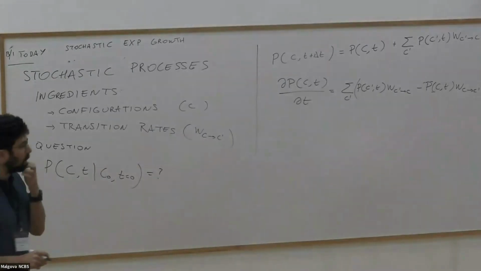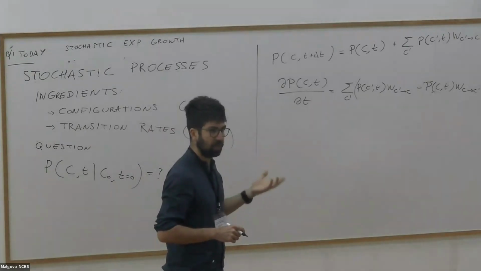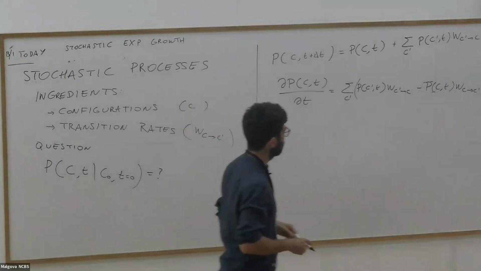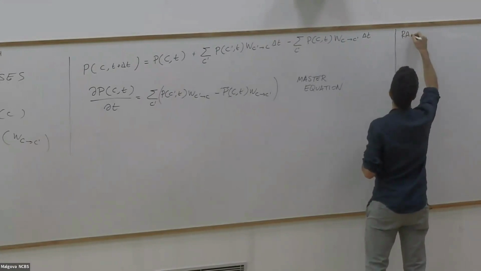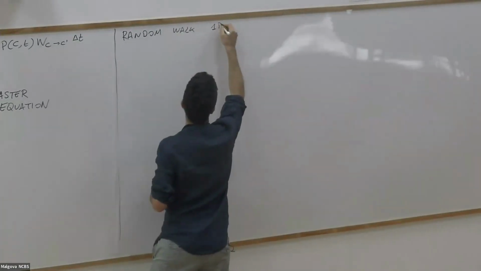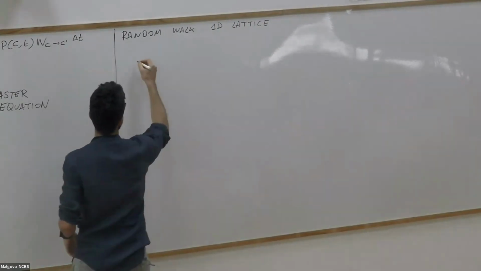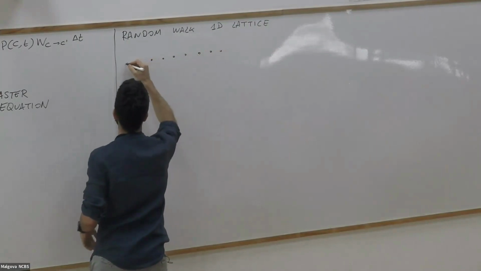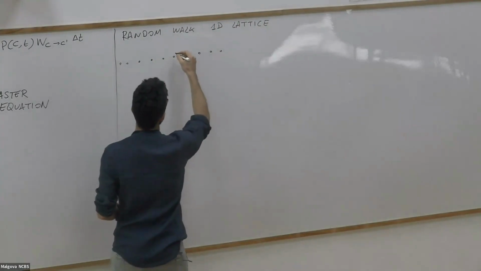Now, in order to get used to this, I was thinking of deriving this and studying this for the random walk, and then to consider the other scenarios. So let's consider the case of a random walk on a one-dimensional lattice. What we have is positions in space, which we can represent as the integers, and we have some rates.